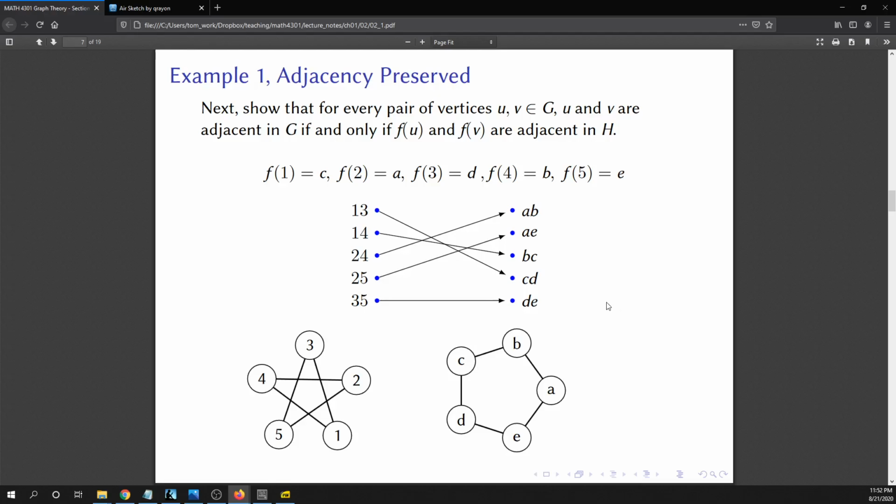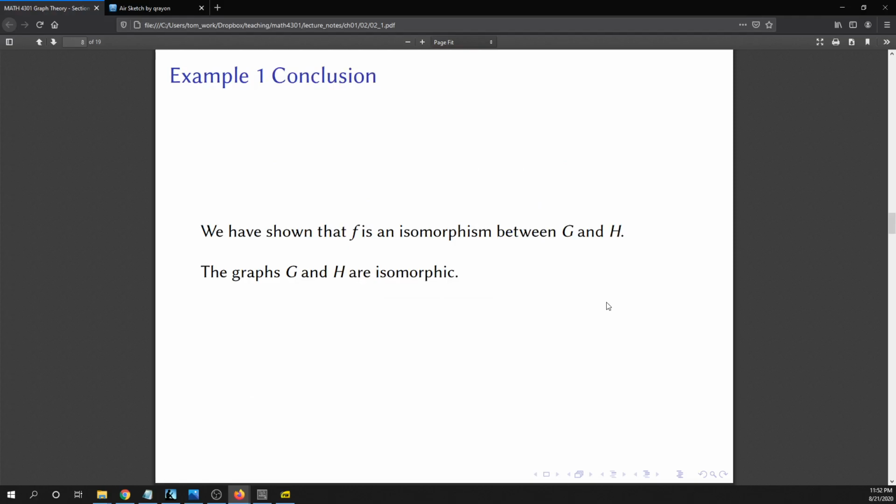Okay. So the conclusion in this example is that we have shown that F is an isomorphism between G and H. We demonstrated here is a bijection of the vertices. We showed that it preserves adjacency in the graph, and so therefore this function F is an isomorphism.